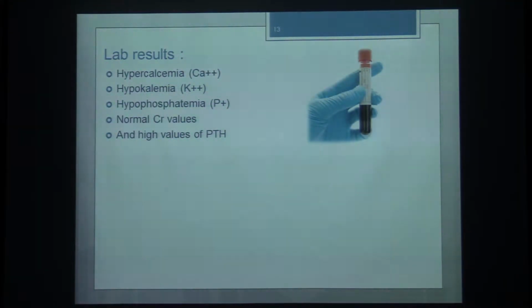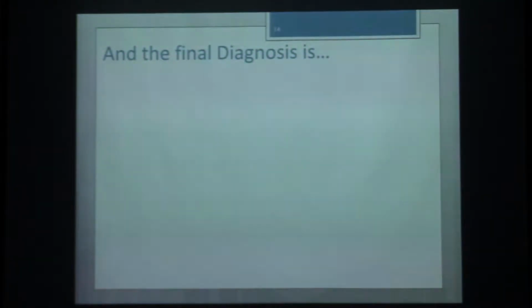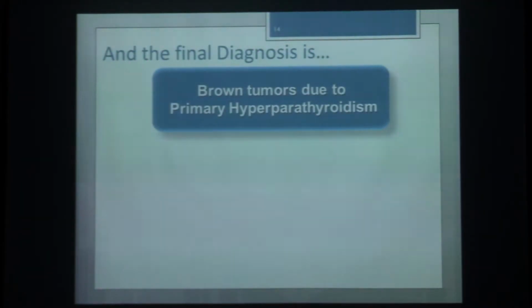She had hypercalcemia, hypokalemia, hypophosphatemia, normal creatinine values, and high values of parathyroid hormone. She had a sestamibi parathyroid scan, and we can see an increased uptake in one of her parathyroid glands. And the final diagnosis is, what are these tumors? It's brown tumors due to primary hyperparathyroidism.